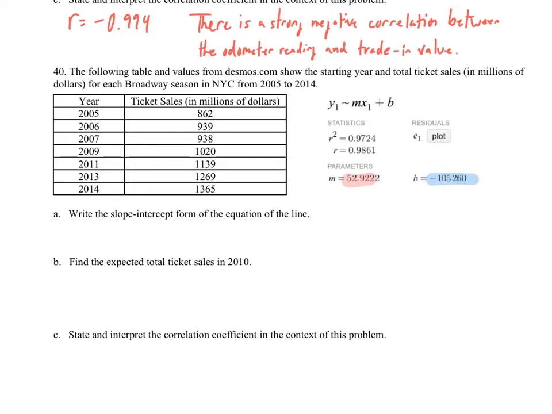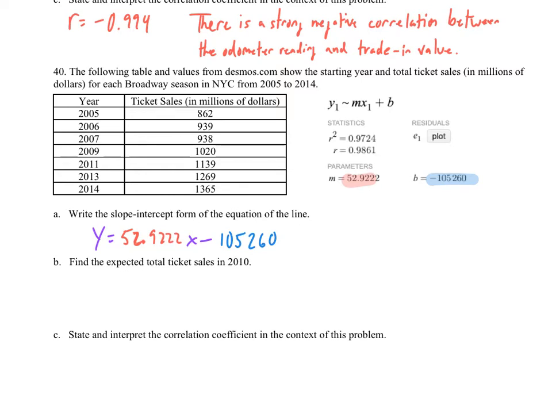So y equals, my m value is 52.922 x minus 105,260. All right, so there's my equation.